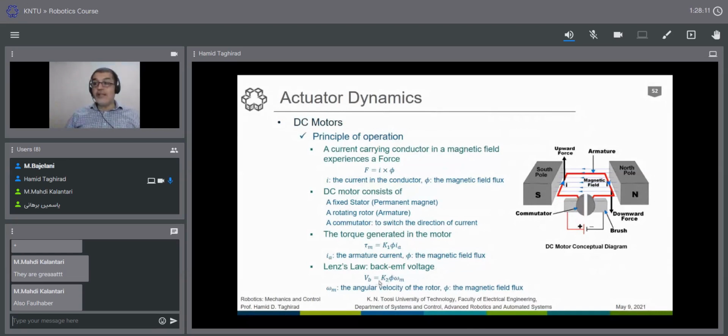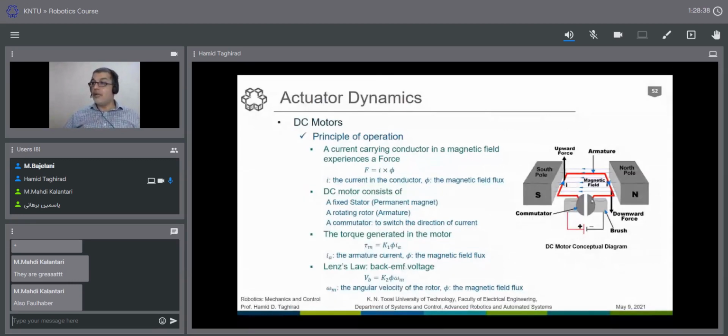This is also electromechanical. As you see here, torque is related to the current, and the back EMF voltage is related to the angular velocity of the motion. These two are coupled to each other and make a DC motor work at constant speed when you apply a constant voltage to it.